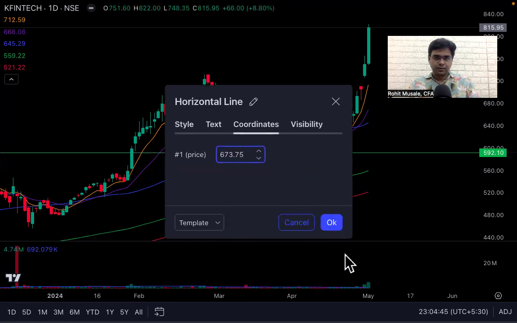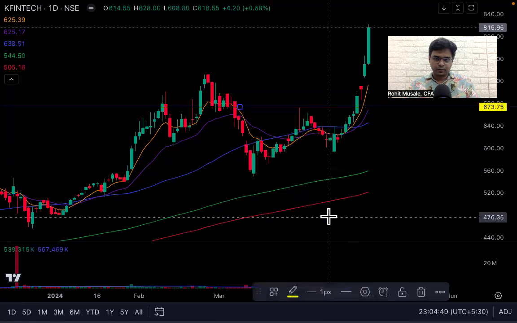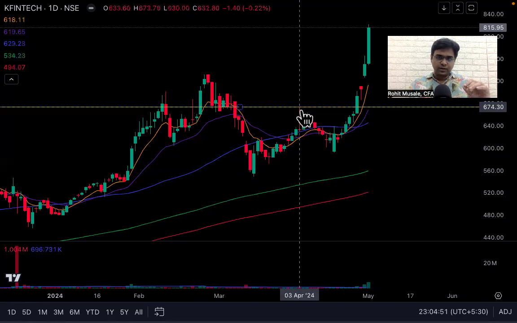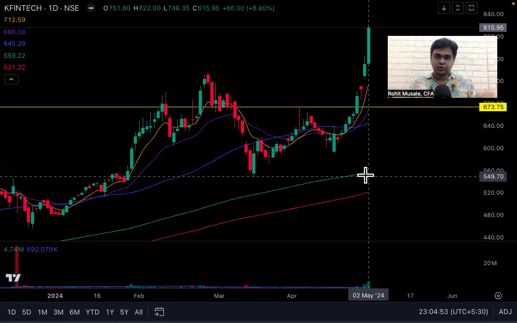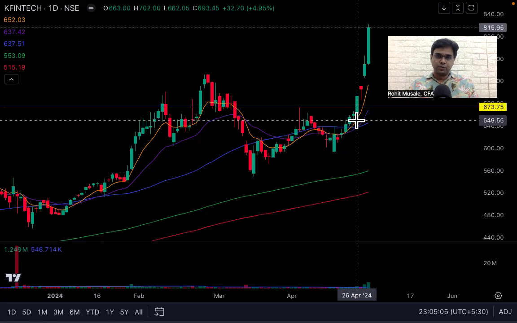Let me give it yellow color. So this is where I plan to buy the stock. Now on 26th April, the stock hit that yellow line. I got a notification on my mobile phone because I had set a price alert here. So the moment it hit the yellow line, I got the notification.